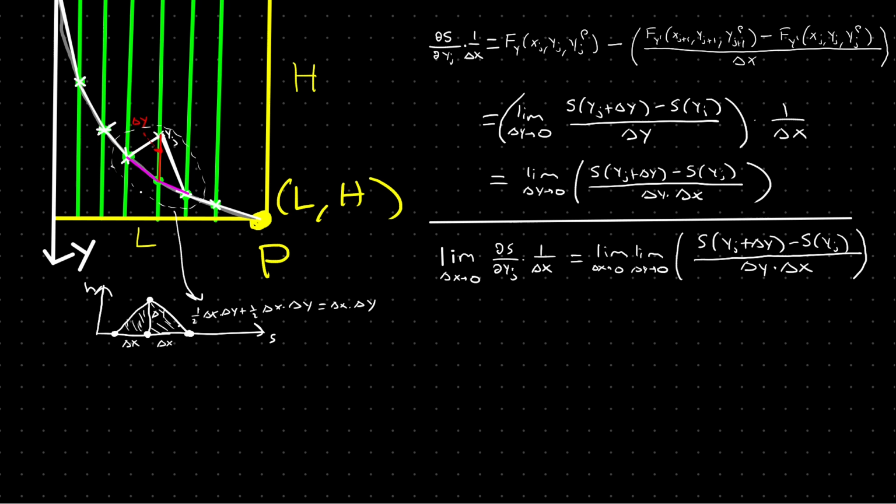So remembering what this limit becomes, if it exists, this limit ends up becoming exactly that fy minus d dx of fy prime.